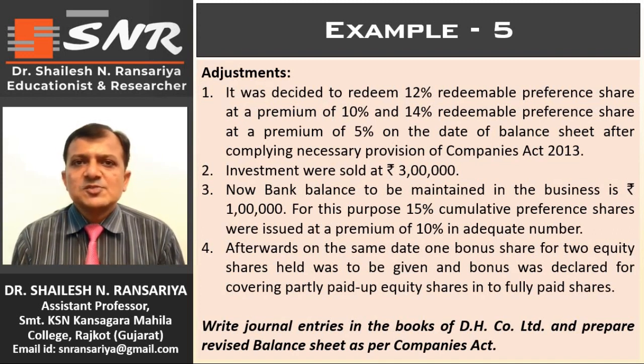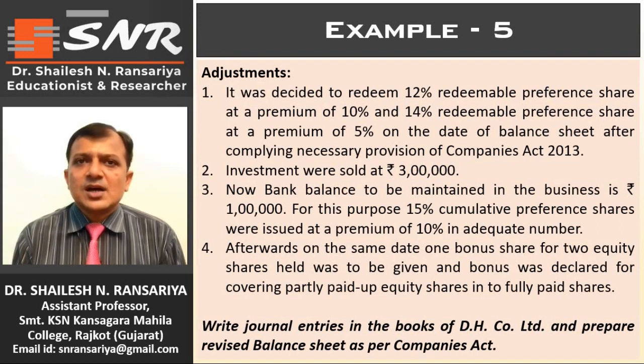Second, investments were sold at rupees 3 lakhs. Third, a bank balance of rupees 1 lakh is to be maintained in the business. For this purpose, 15% cumulative preference shares were issued at a premium of 10% in adequate number.